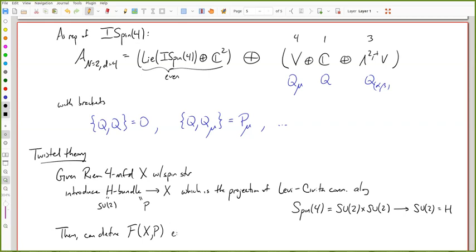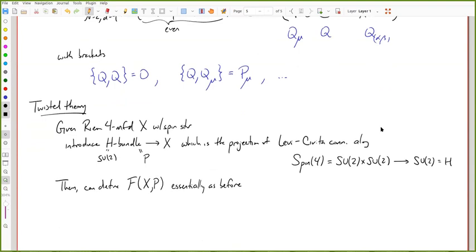And it would look essentially as before. Before I wrote it for R4, but essentially you make the obvious modifications of that to account for the fact that you put it on a general Riemannian manifold.